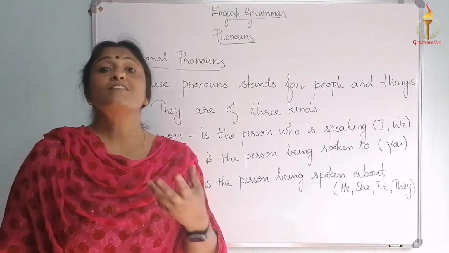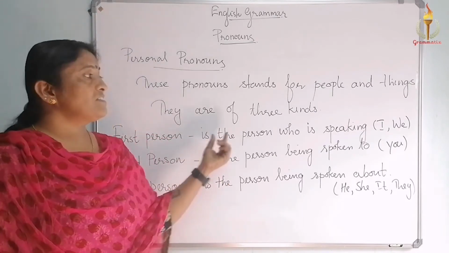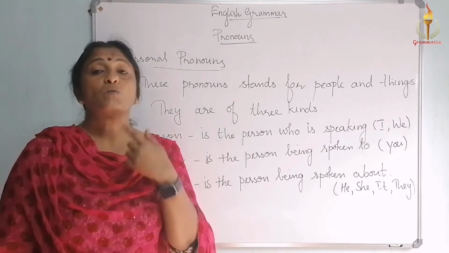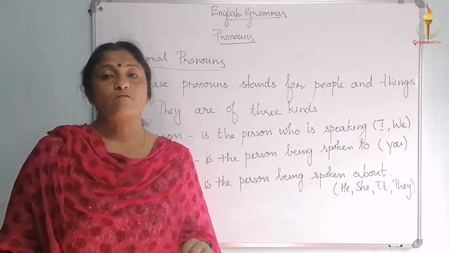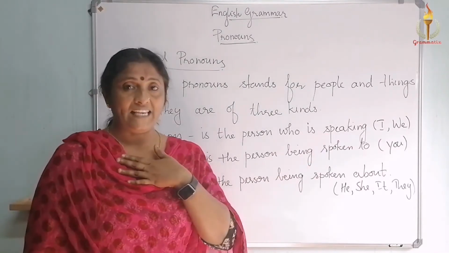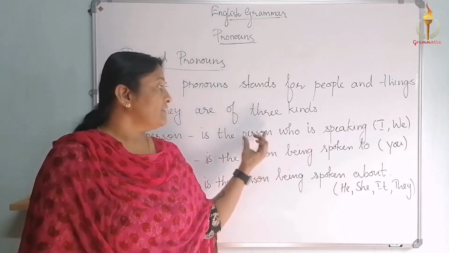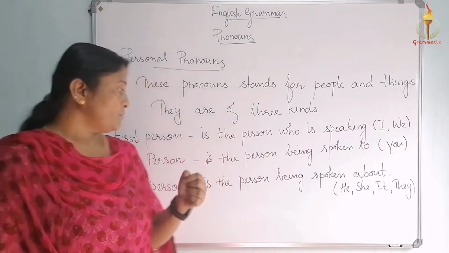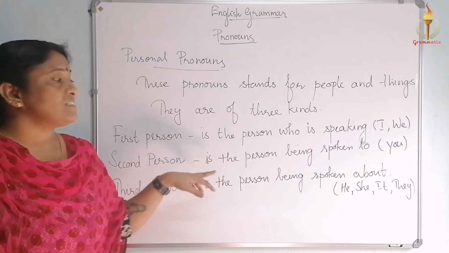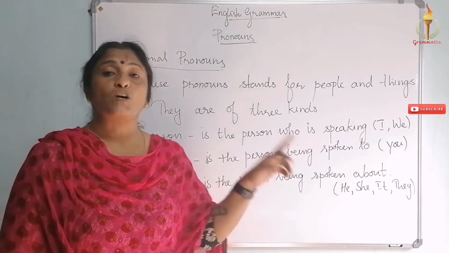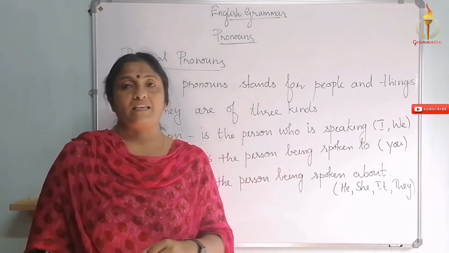Now who is the first person? First person is the person who is speaking. One who is speaking is always the first person. So it is I and we. I and we come under the first person. And second person is the person being spoken to, whom you are speaking to.